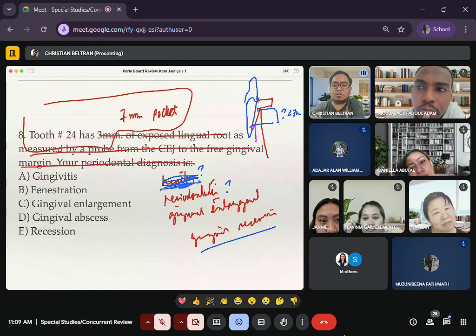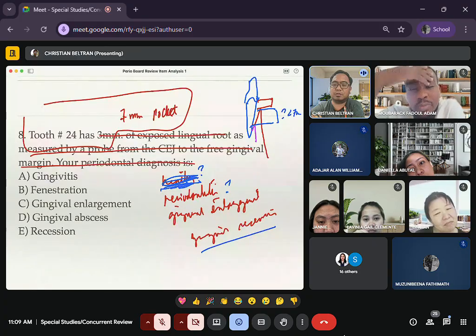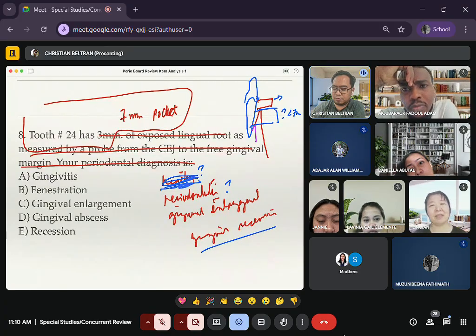So a tooth can have a gingival recession and a periodontal pocket at the same time, because those are two different measurements. Right? The manner on how you measure the gingival recession is from the CEJ up to the free gingival margin. So you would have a different reading here and a different reading for your PPD.